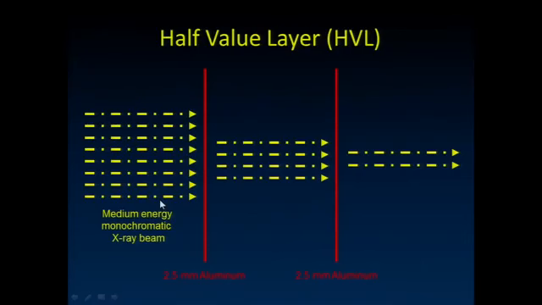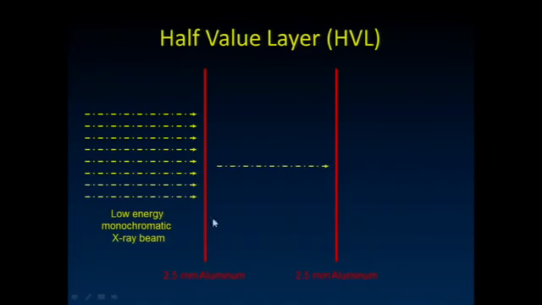If we wanted to, we could put gold in front of it and figure out its half value layer for gold, and that would be a slightly lower thickness, because gold is more highly attenuating, has a higher Z than aluminum. And then if we put another 2.5 millimeters here, it should again reduce the number of X-rays in the beam by 1/2. That's what we mean by the concept of the half value layer.